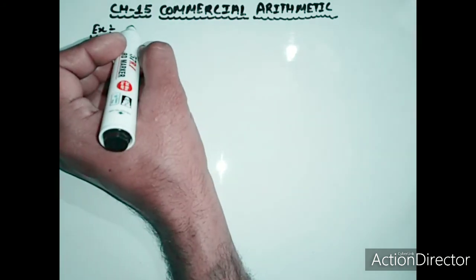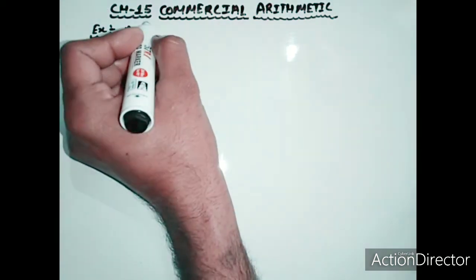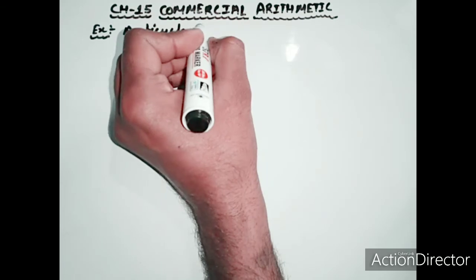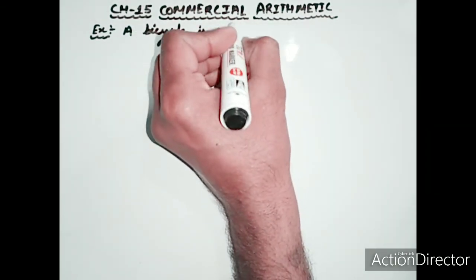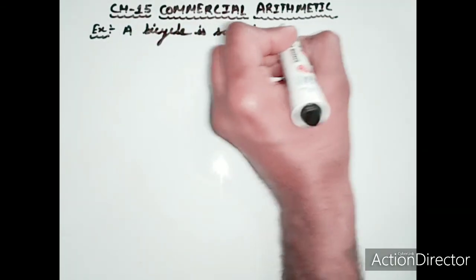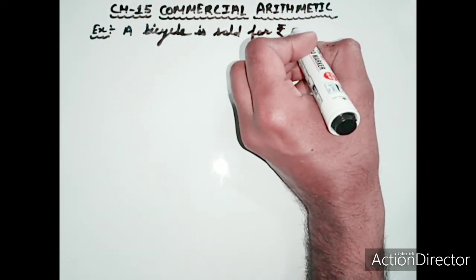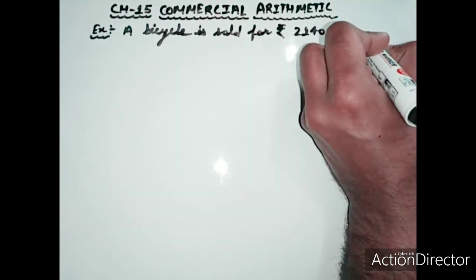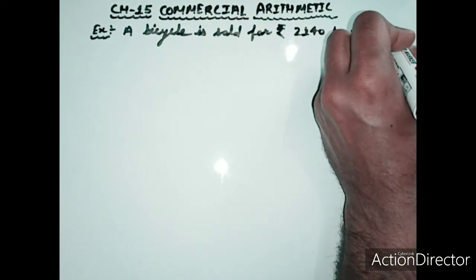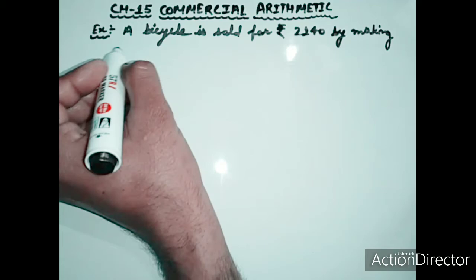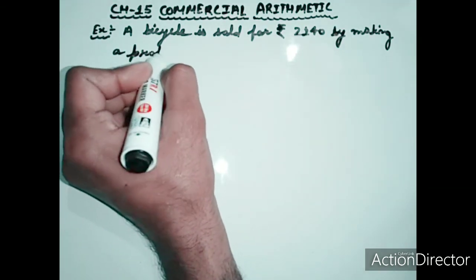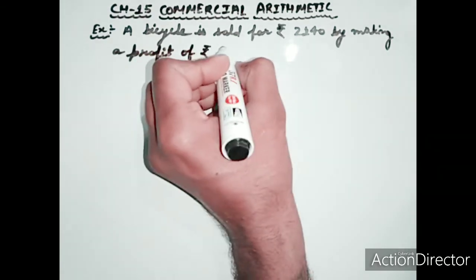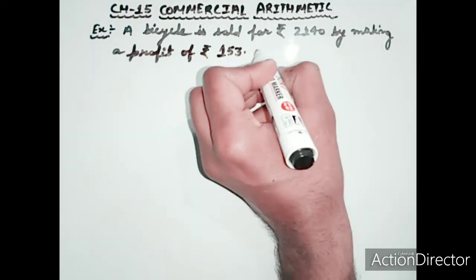A bicycle is sold for rupees 2140 by making a profit of rupees 153.